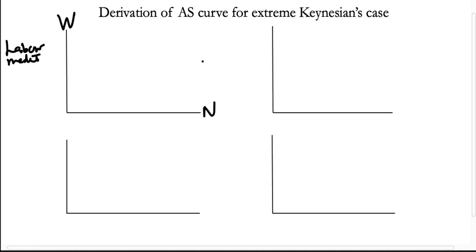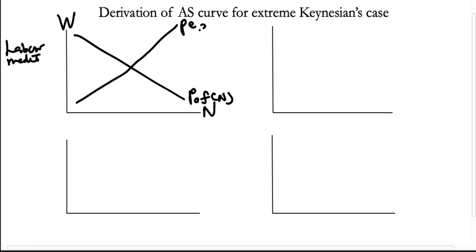Now, let's say initially labor demand is this, and then initial labor supply is this. So the initial nominal wage is this, capital W naught, and then the initial employment in the market is this, N naught.